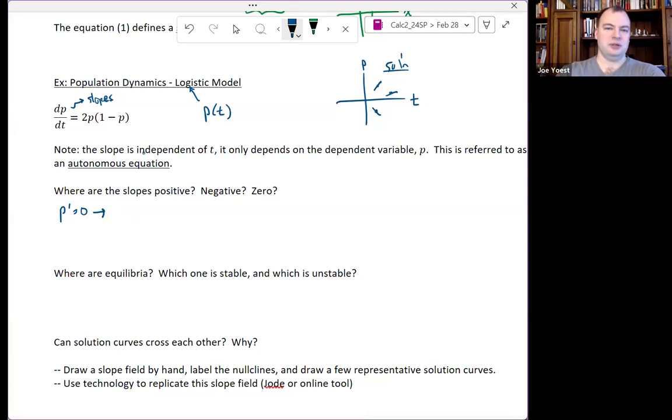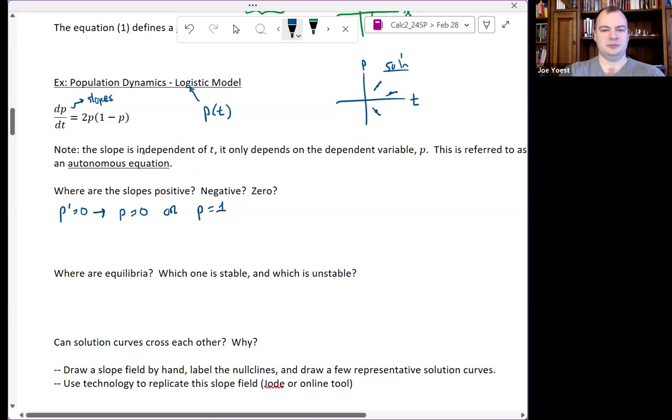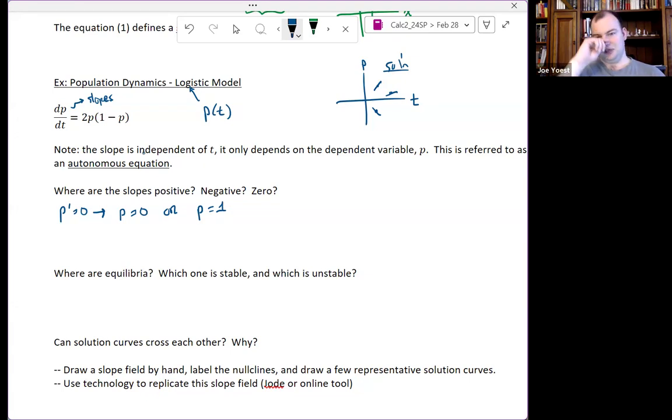Well, for p prime to be zero, that means 2 times p times 1 minus p has to be zero, or that means p equals zero, or p equals 1. Remember, in that basic Malthusian model, we had p equals 0 as an equilibrium solution.